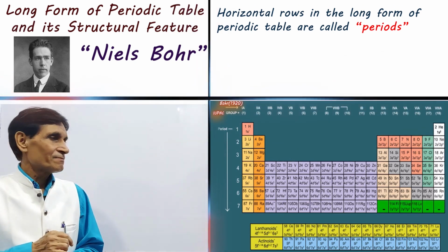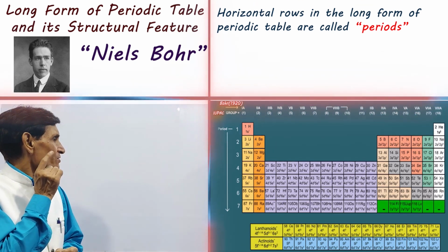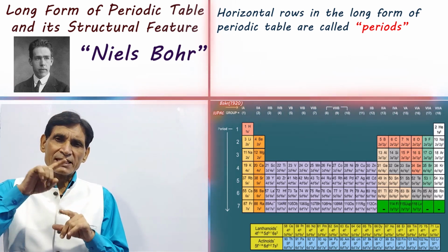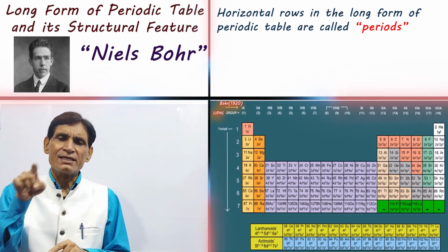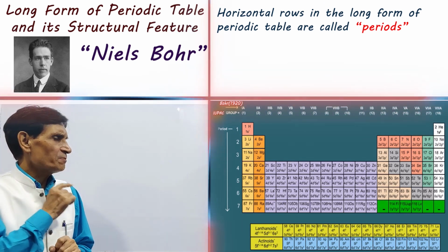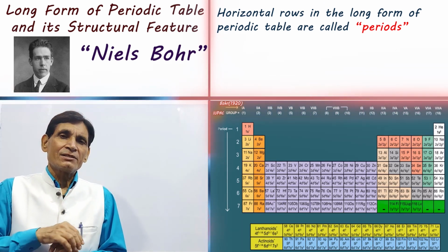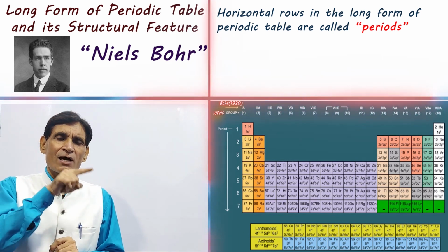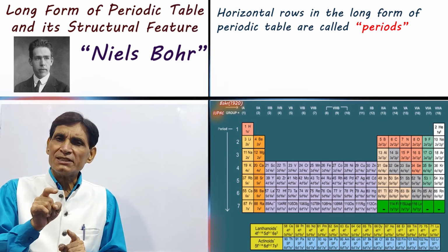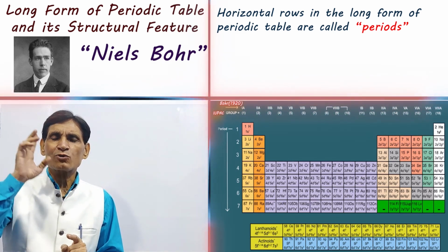For example, lithium, an element of the second period, has the second cell as its valence cell. In the third period, as in sodium, the third cell is the outermost cell.